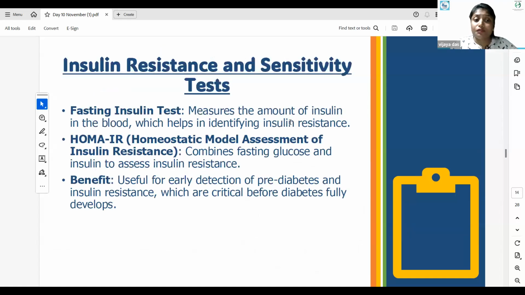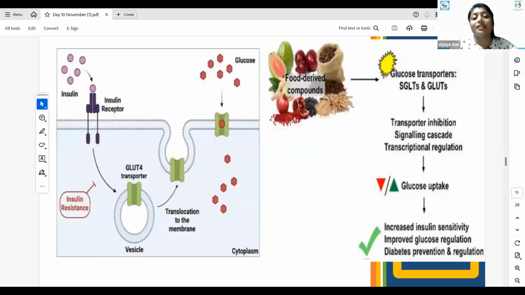The insulin resistance test, which is mostly done by fasting insulin levels, is also a very important assessment because it gives us a clear understanding of how our body is interacting with insulin, whether our muscles, tissues, and cells, particularly skeletal muscles, are using it or not. Insulin resistance is linked to GLUT4, glucose transporter 4, which allows glucose into the muscle.